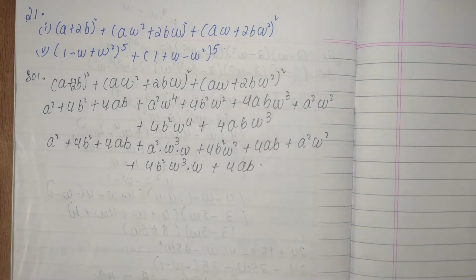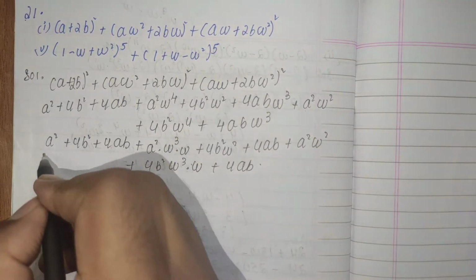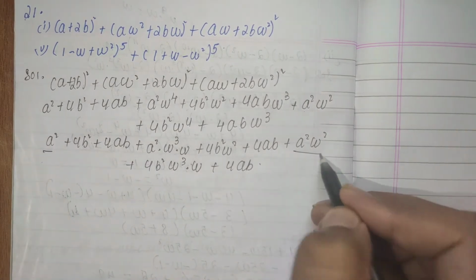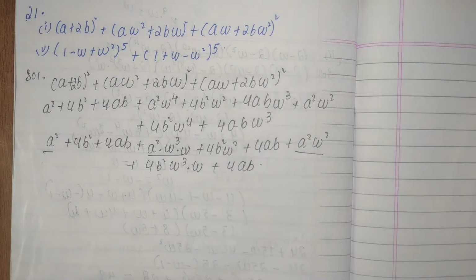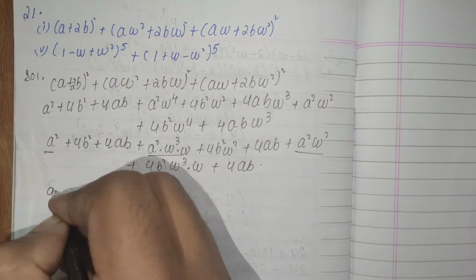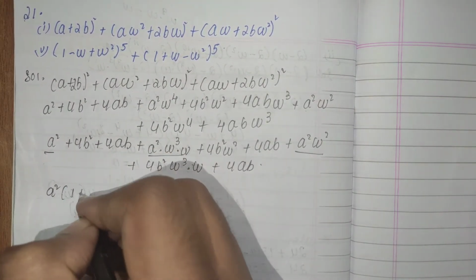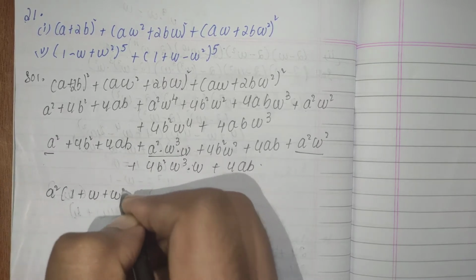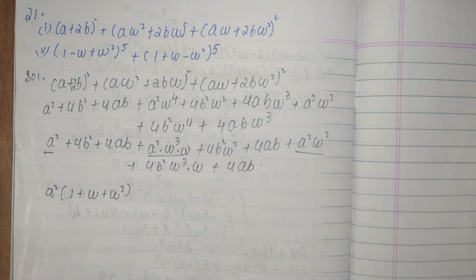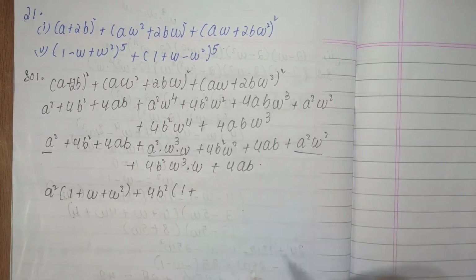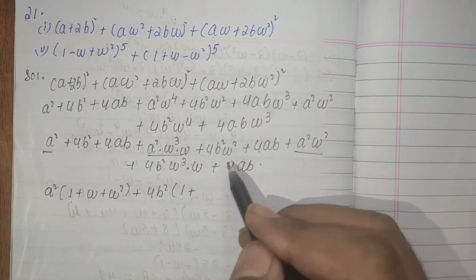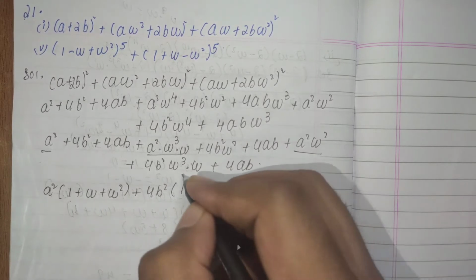So add the similar values, that is a square omega square and a square omega. So that is a square common, 1 plus omega square. Now take 4b square common, 1 plus omega square plus this is omega.